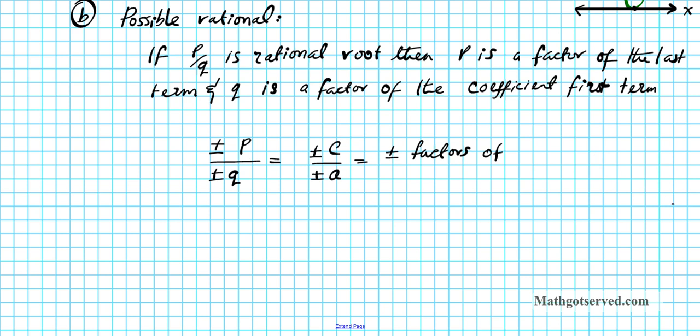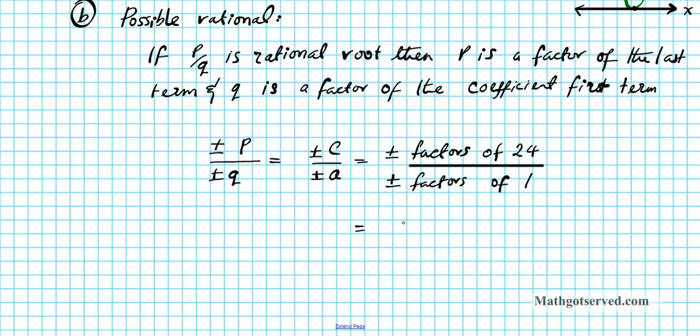Let's just apply it to the problem. In this problem, the last term is 24, so plus or minus factors of 24 divided by plus or minus factors of the first term, in this case, 1. Okay, factors of 1.